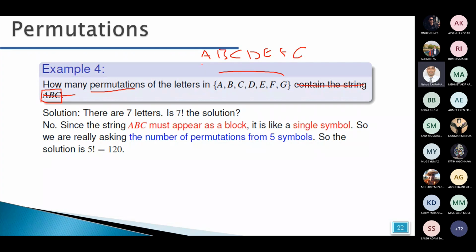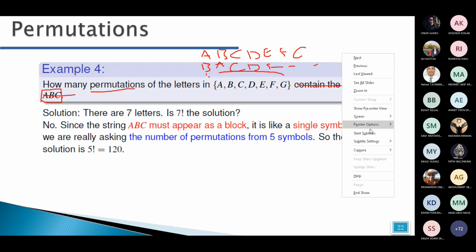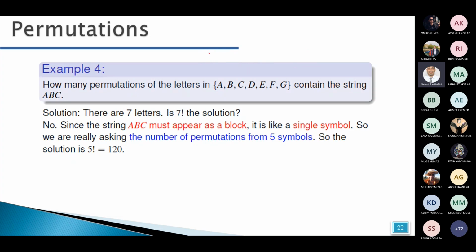You can get other orders like A, C, D, E, F, G, and so on. But we don't need this. We need A, B, C to be like a block, containing this string. So we have these options.